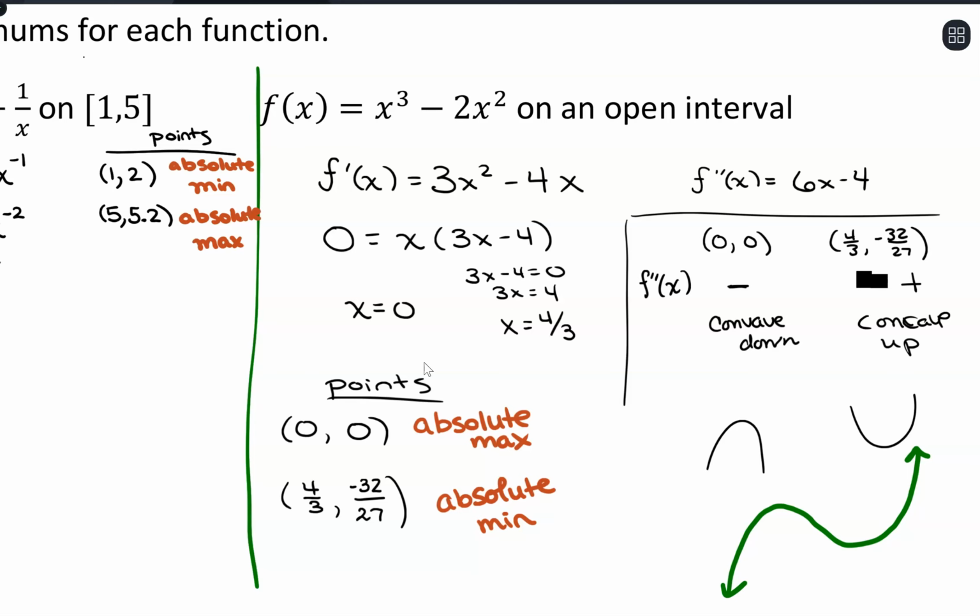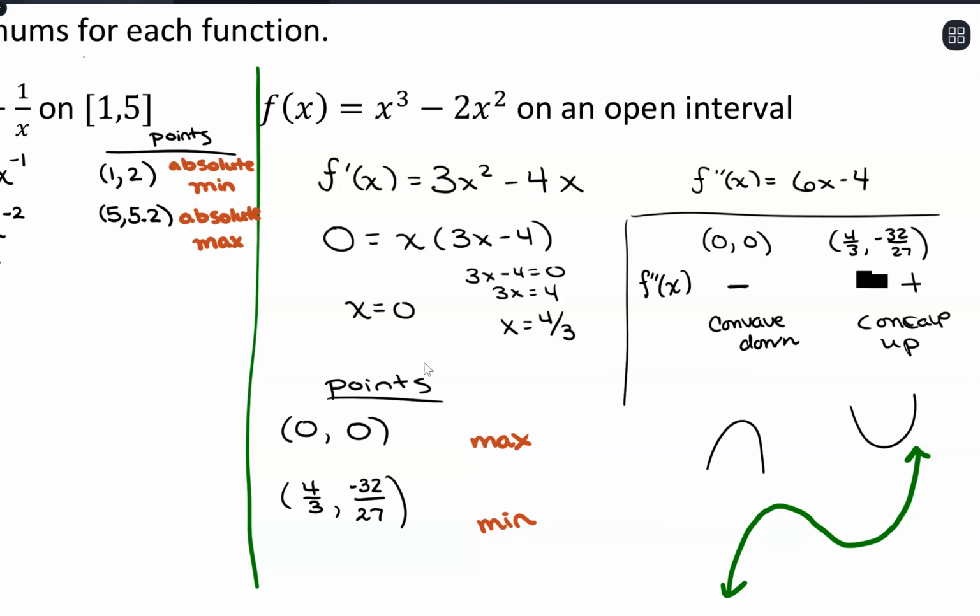So it's likely we're seeing this absolute maximum, I gotta stop saying absolute because we're proving that it's not absolute. We're seeing this maximum at 0, 0. We're seeing this minimum at 4/3, negative 32/27, but they're not absolute, they're just relative values, and that's what the critical values give us, are the relative numbers.